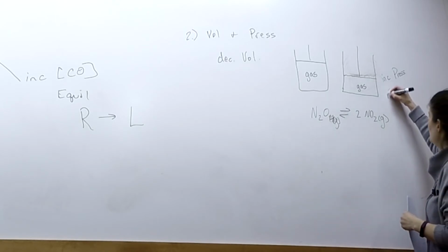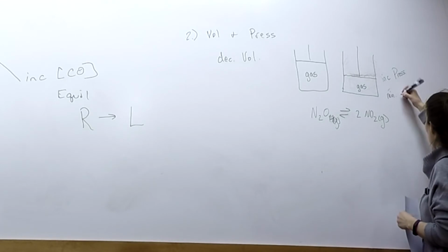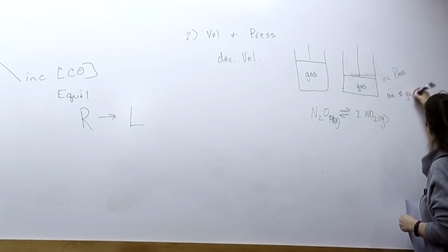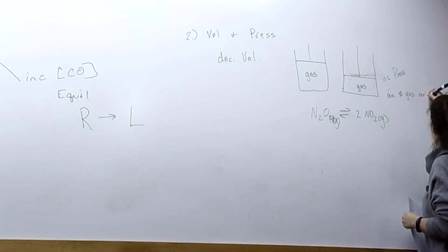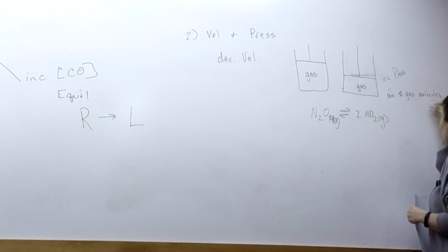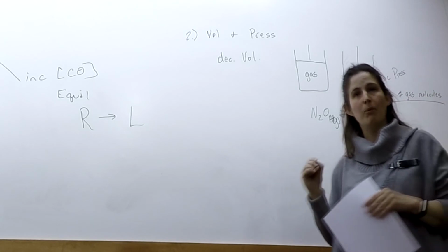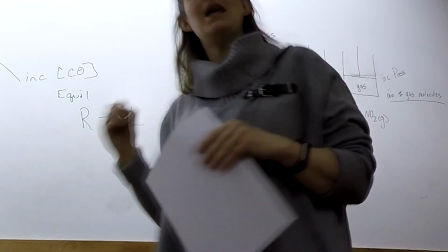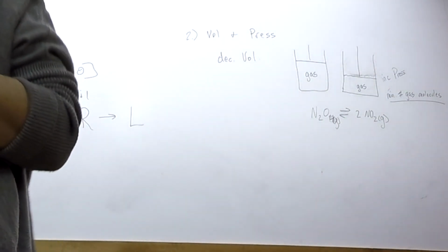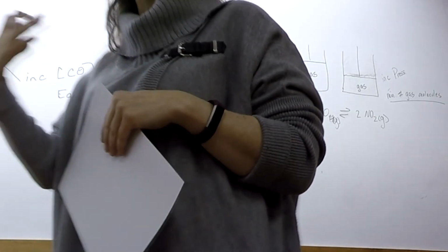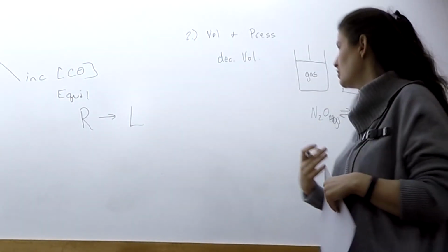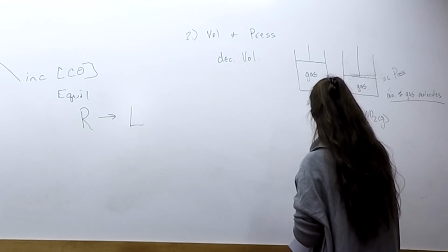So when you have an increase in pressure, the concept here for Le Chatelier's is to minimize the number of gas molecules in that smaller amount of space, hoping to relieve some of that added pressure. So let's look at our equation.